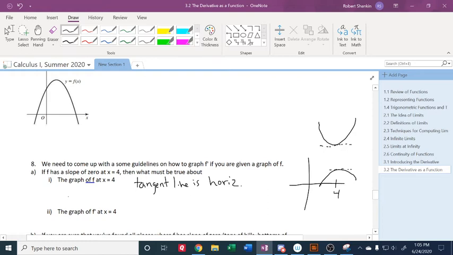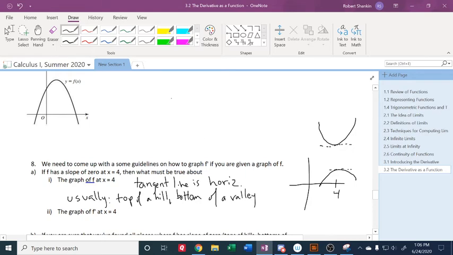And what that usually means is we're at the top of a hill or bottom of a valley.